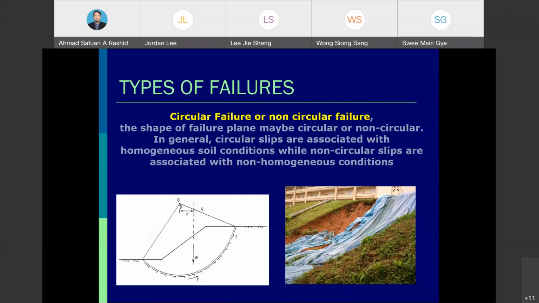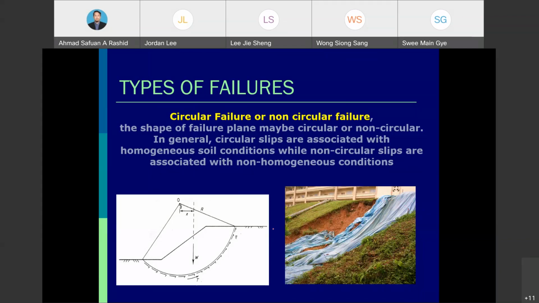So this example occurred in front of the civil engineering faculty in UTM. We have this kind of failure. This is an example of poor maintenance, because the blanket should cover the full slope failure.